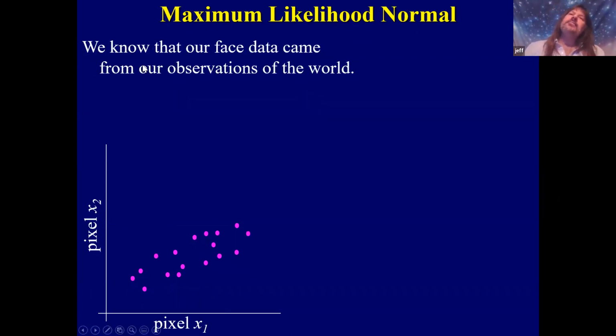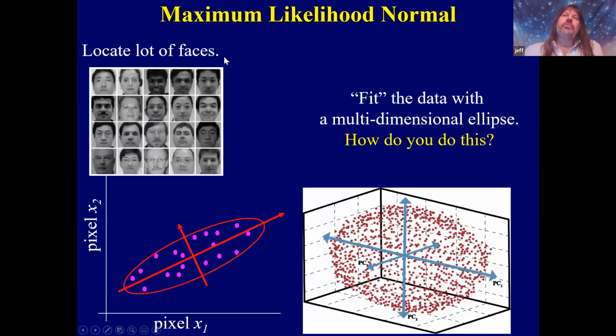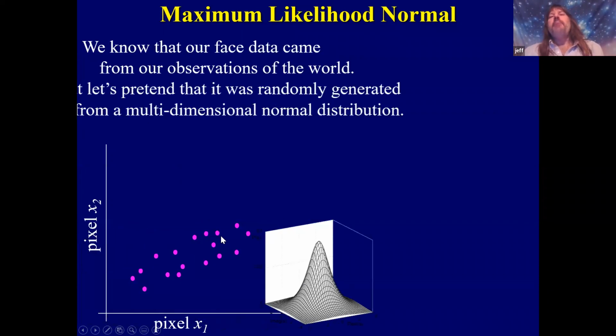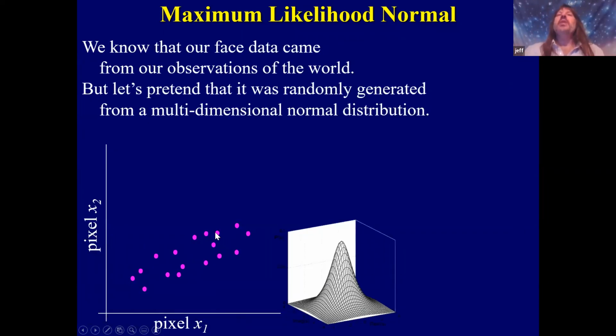What it means is that we know that our face data aren't random numbers. They're numbers that came from observing our world. We took pictures of all these faces, and that's where all this data came from. But we're going to pretend that that's not where the data come from. We're going to pretend that all these points were randomly generated from a multi-dimensional normal distribution, just like this here.